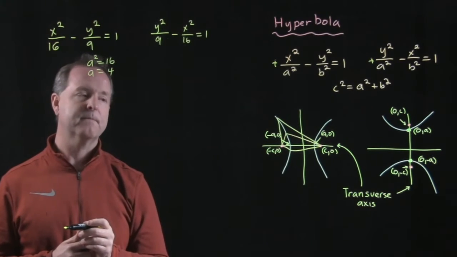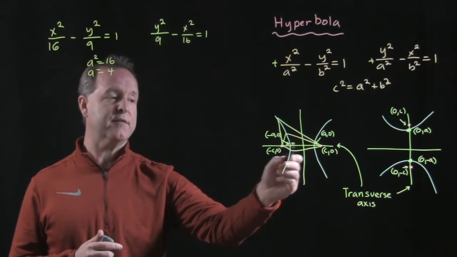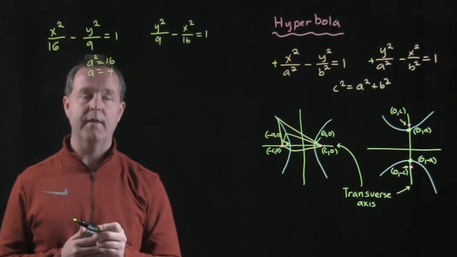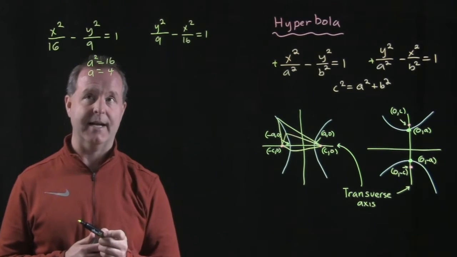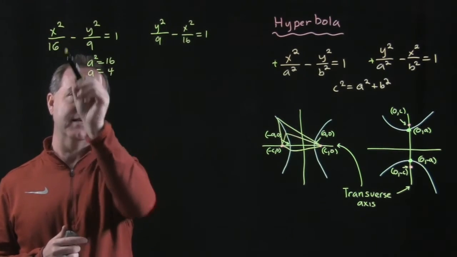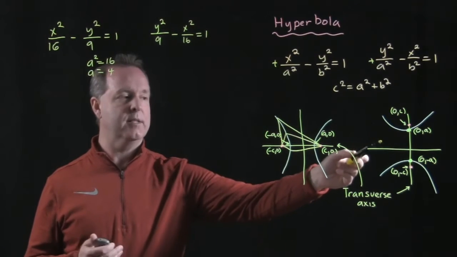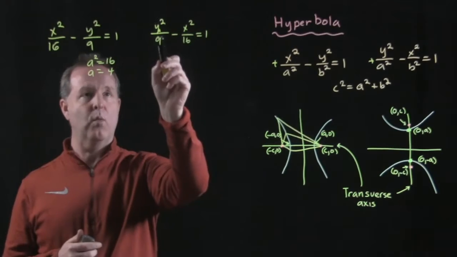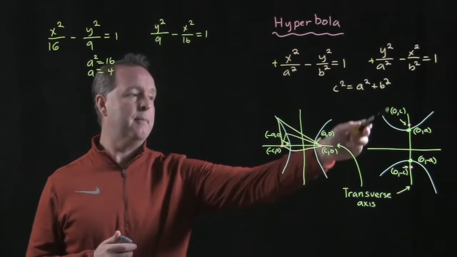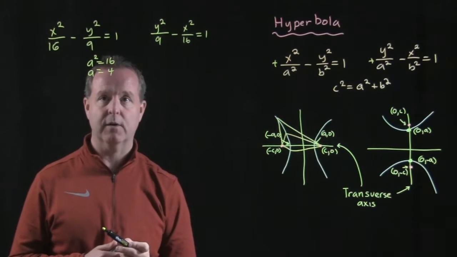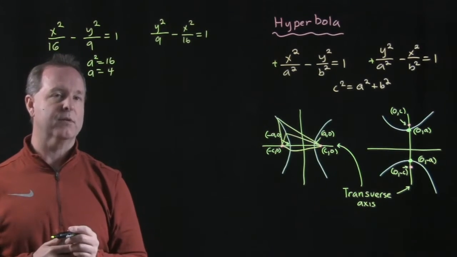The transverse axis is horizontal when I have a positive on my x squared term. Alternatively, when my y squared term is the positive term, my transverse axis is the vertical axis. So on this first example, a equals 4.